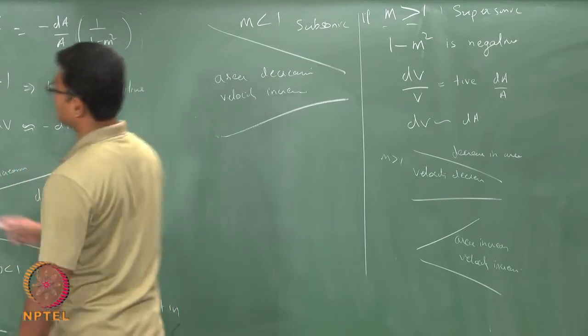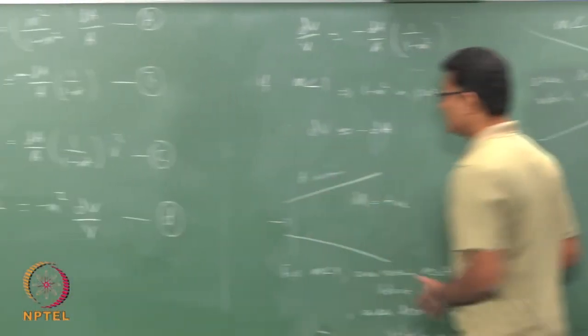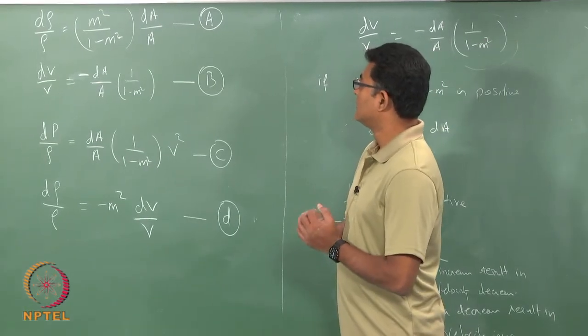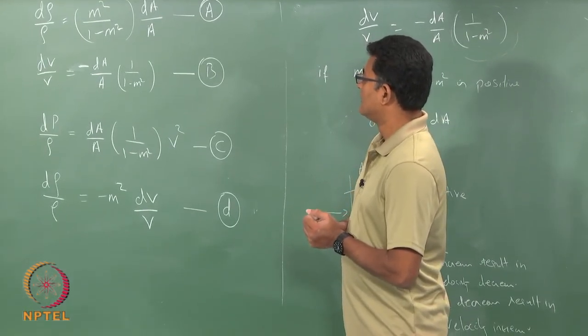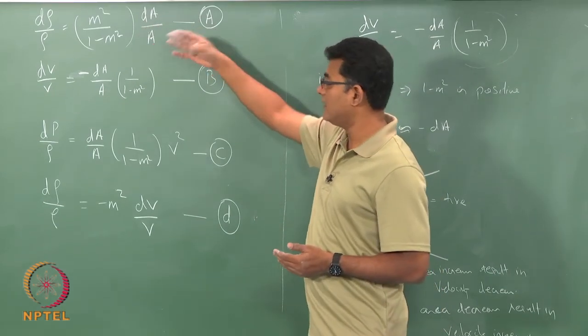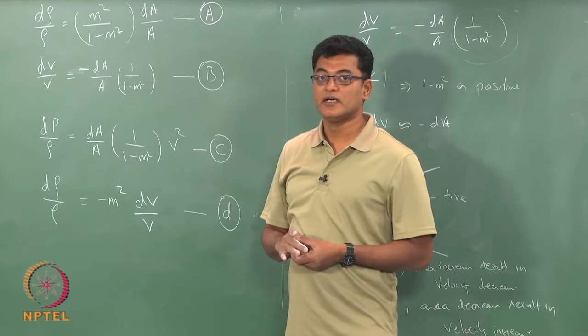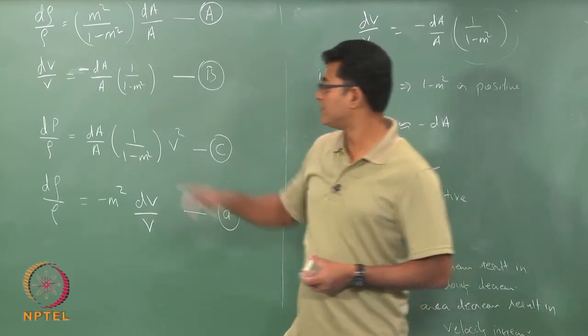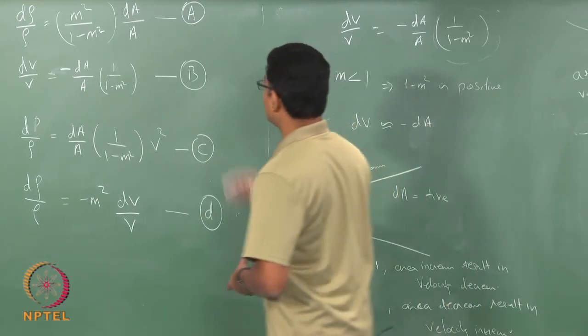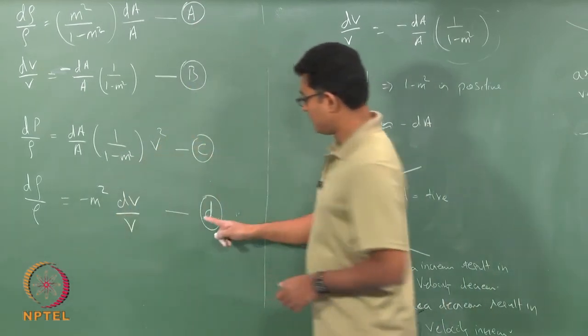That is from equation B. So, these inferences we have deduced from equation B. Likewise, you can think of equation A, where the area change is related to your density changes. Now, before going to equation A, look at equation D.